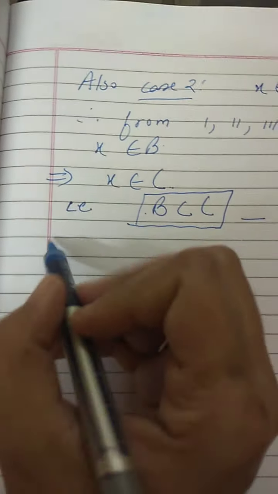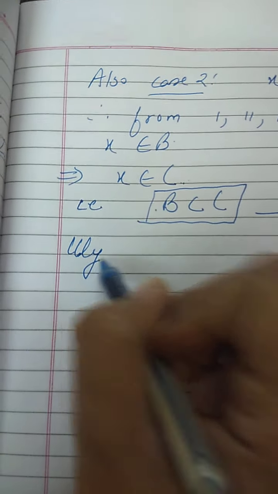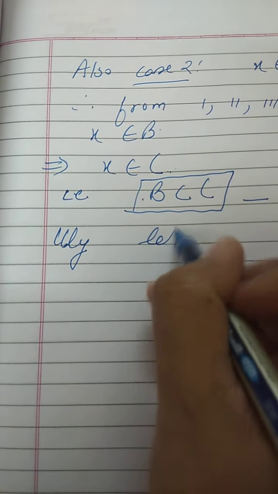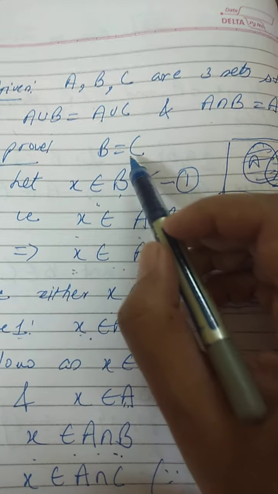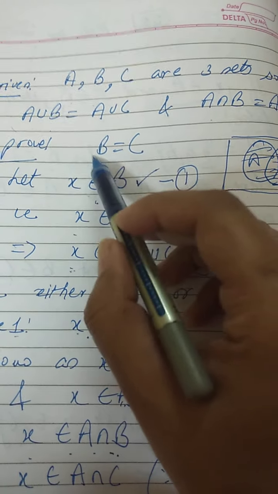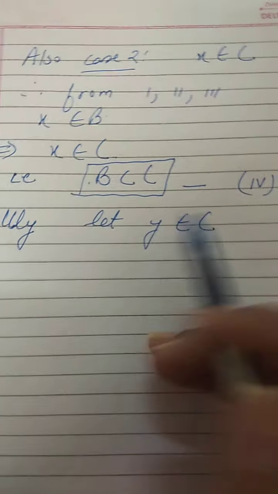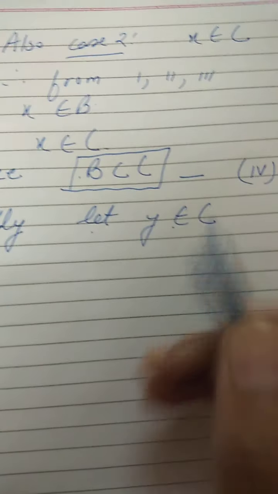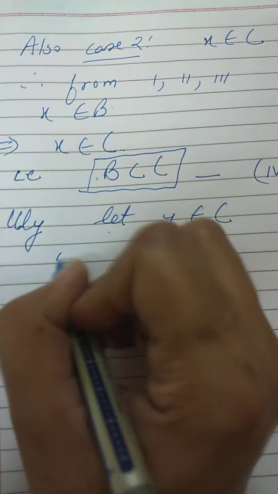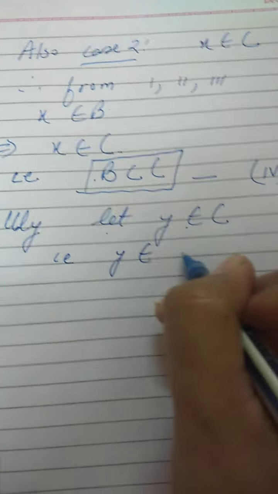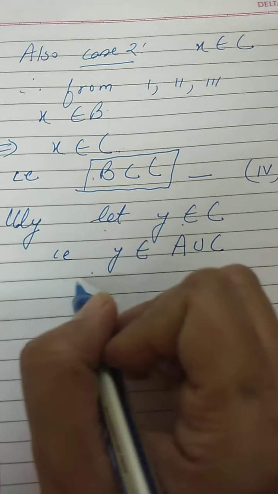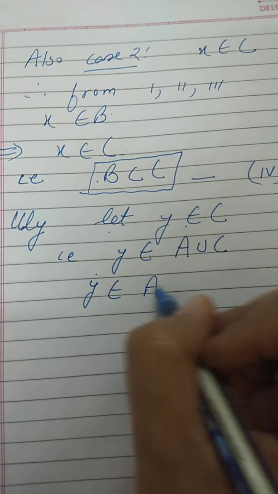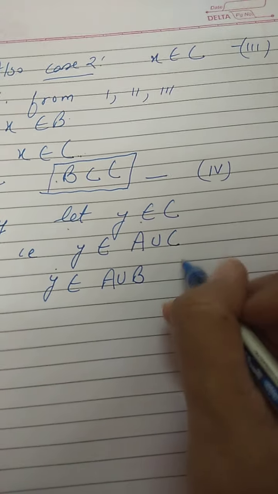And now similarly, if I take let y belongs to C, now what we will do? In the beginning we proved B is a subset of C, and now if I prove C is a subset of B, similarly we will take let y belongs to C. If y belongs to C, that is y will belong to A union C, and if y belongs to A union C means y will belong to A union B. Why?